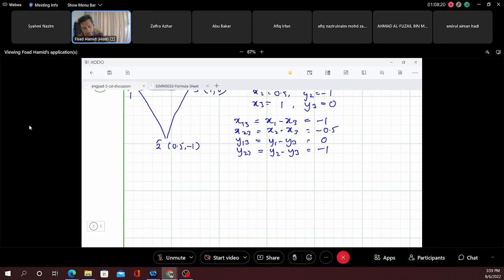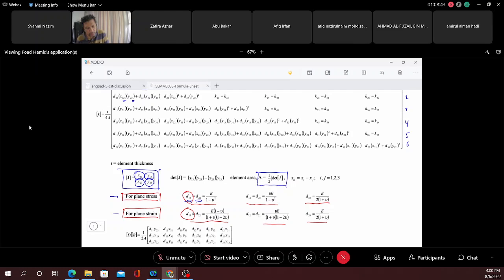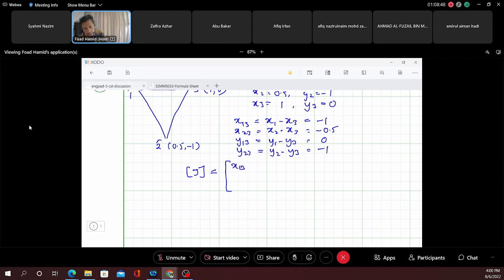So our J, according to the formula given in the formula sheet, is equal to x13, y13, x23, y23.